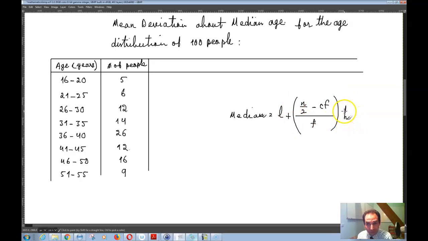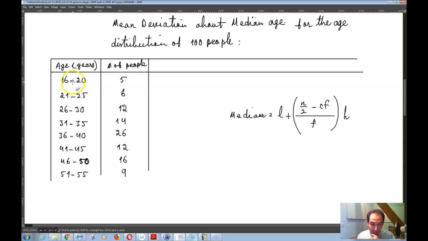But now there is a problem here. As you can see, the class sizes over here are equal, going from 16 to 20, 21 to 25, 26 to 30, and so on up to 51 to 55. The class sizes are all equal.